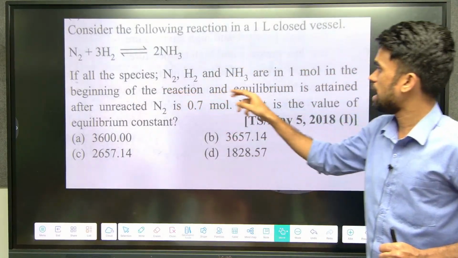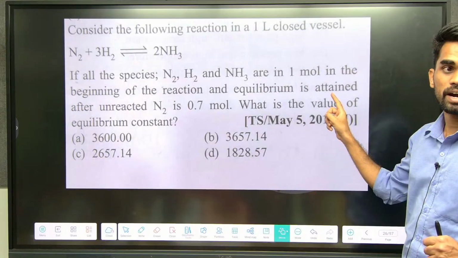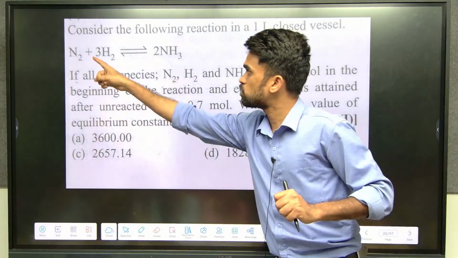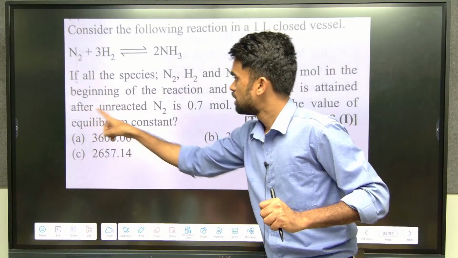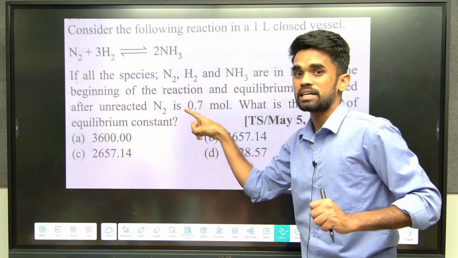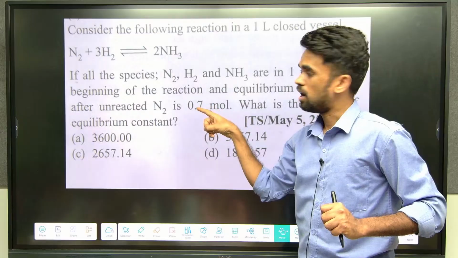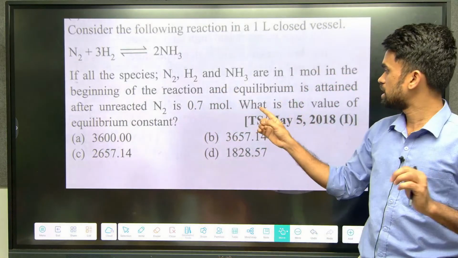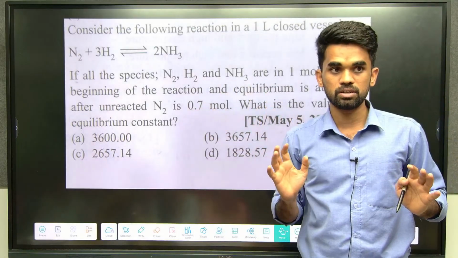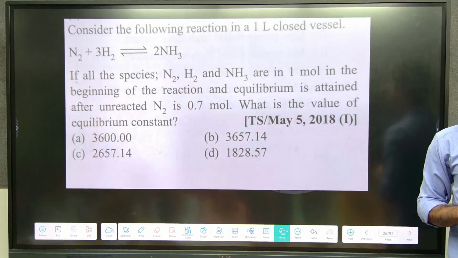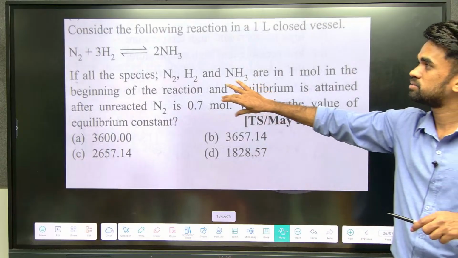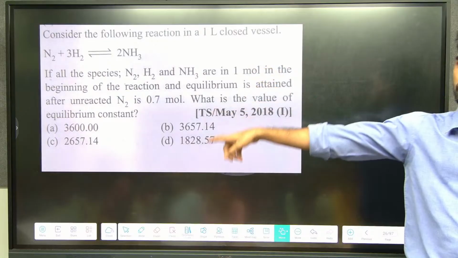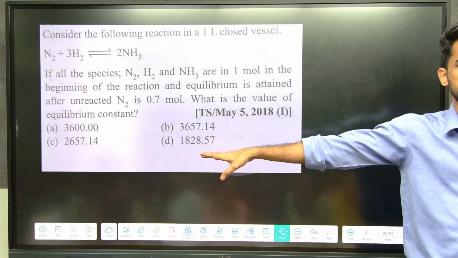After some time equilibrium is attained. When equilibrium is attained, how much N2 remained unreacted? 0.7. Using the data provided, calculate the value of the equilibrium constant. Once you try, if not I will explain. Whatever steps we followed in the previous slide, follow the same steps. You will get the answer.